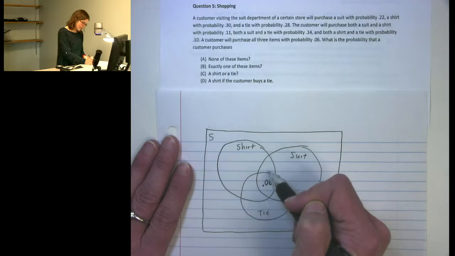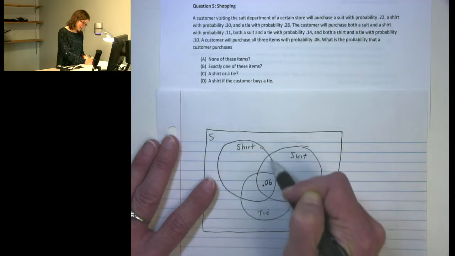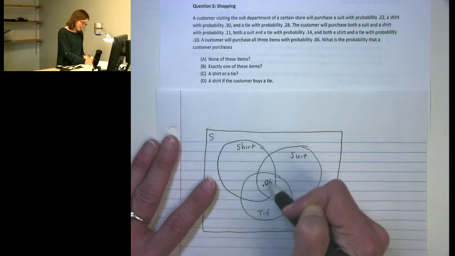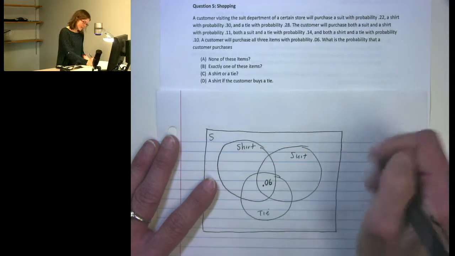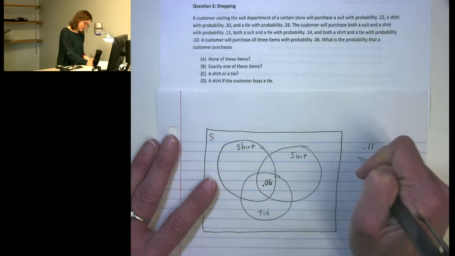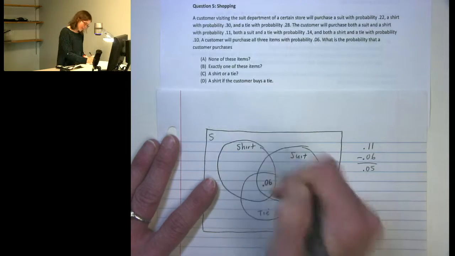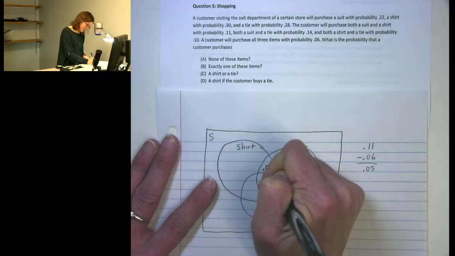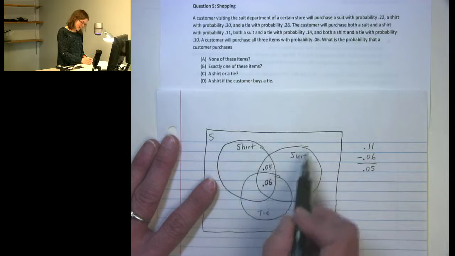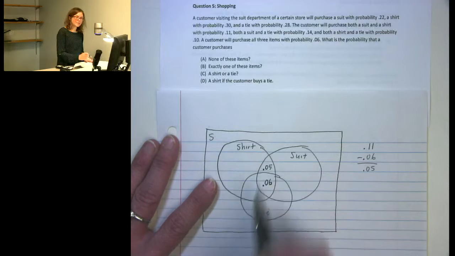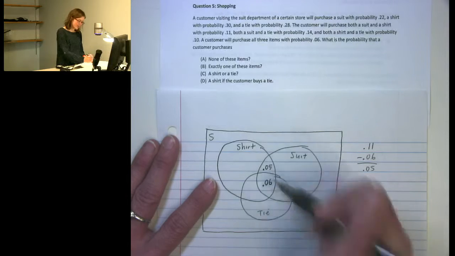The total in this area has to be 0.11, but I already have 0.06 in this 3-way intersection. So 0.11 minus 0.06 gives me 0.05, and that has to be the probability of purchasing a shirt and a suit, but not a tie. So the total probability of that intersection adds up.